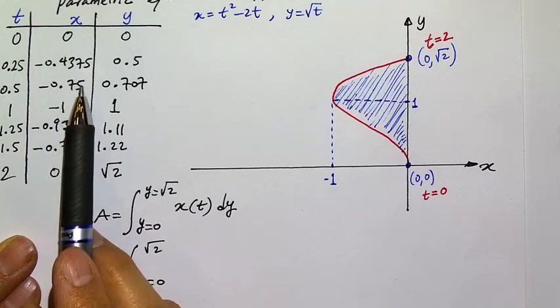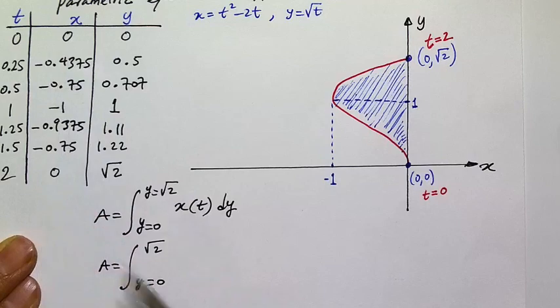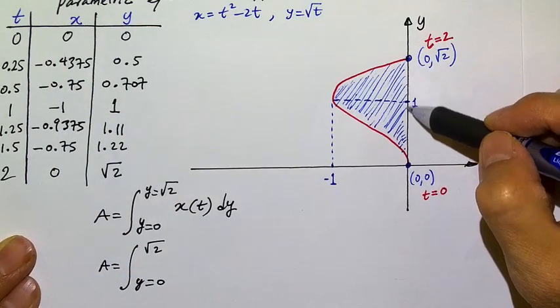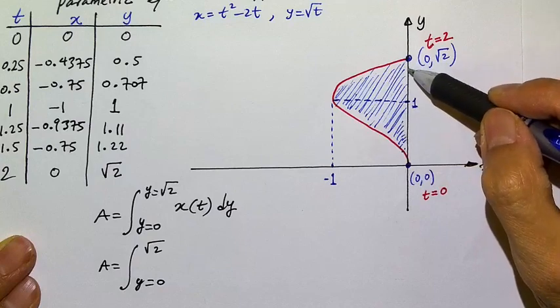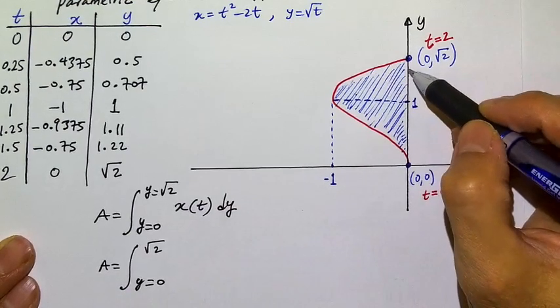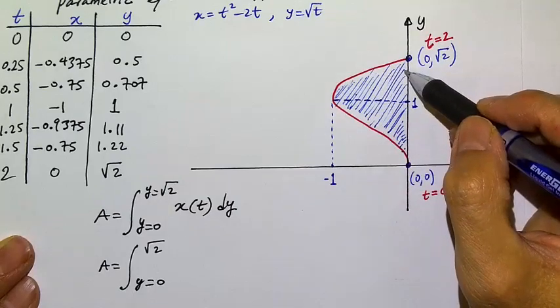Between t equals 0 and t equals 2, the x values are either 0 or negative. So the highest value of x occurs on the y-axis. So to end up with a positive value for the area that we're calculating, we have to subtract the smaller values from the larger value.